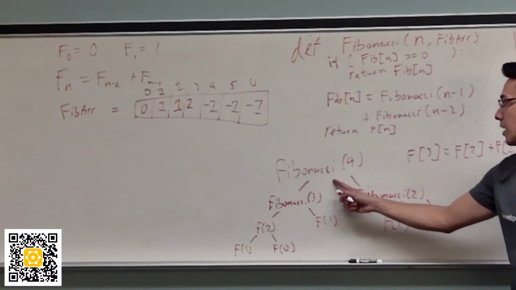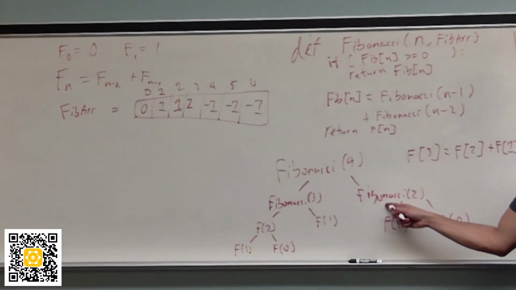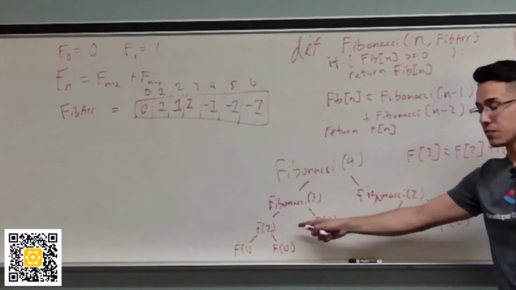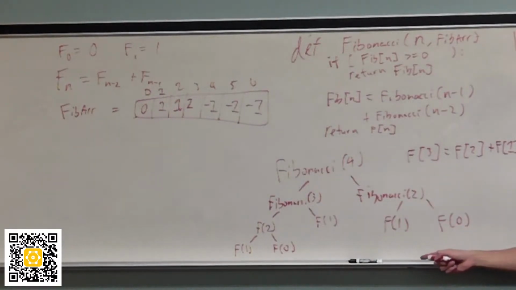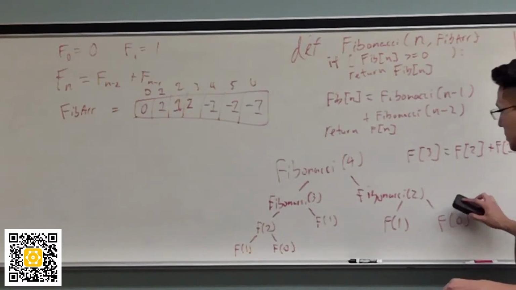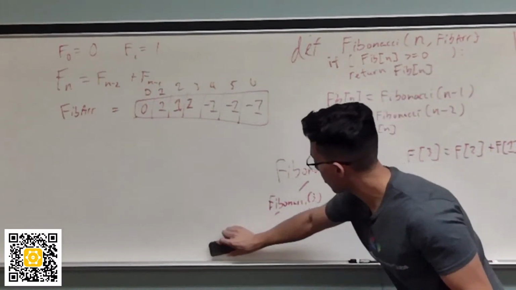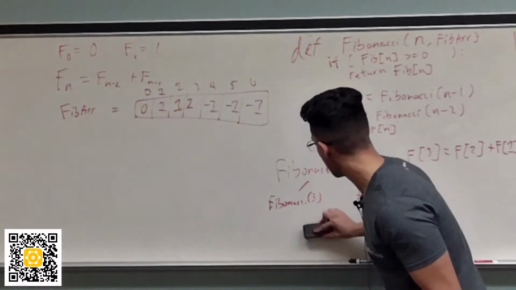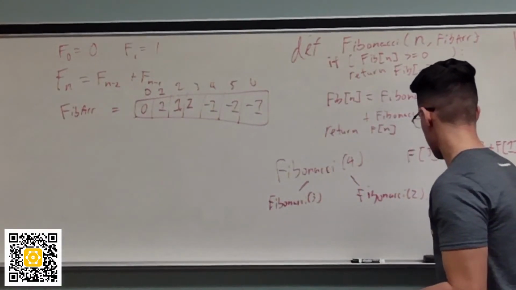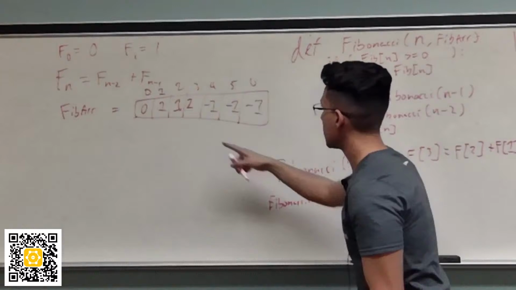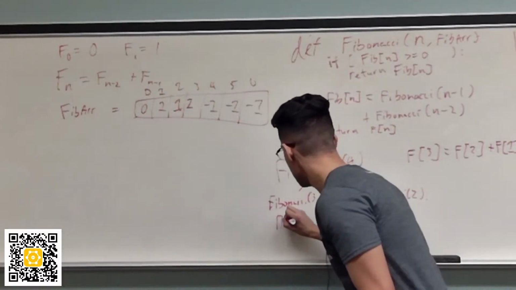And then I calculate, and then I come back and I have to calculate fib2, which I already did before, and then do a whole tree and make it really long and really complicated. So what I did instead is that instead of doing this, where I have to call a lot of values and make a lot of calculations, I just get it from the array. See? It's filled up.